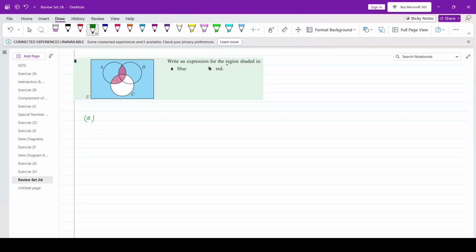Write an expression for the region shaded in blue. So the blue part is outside circle C. So can we say the blue region can be represented by C prime or C complement?